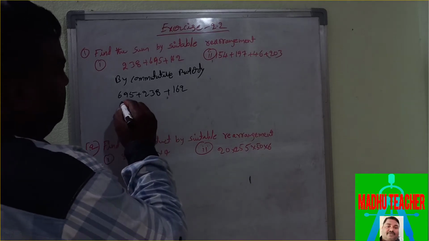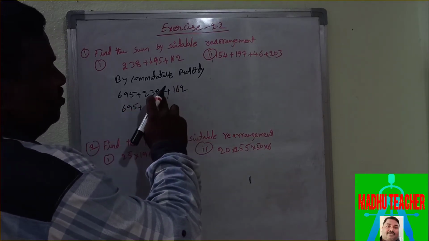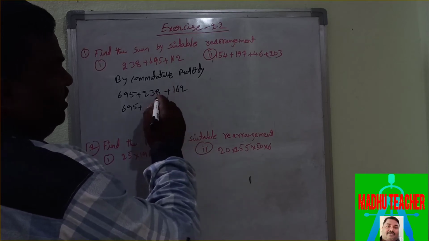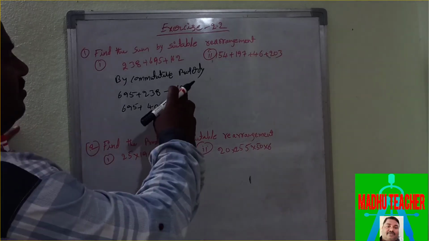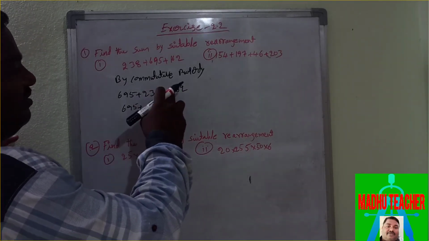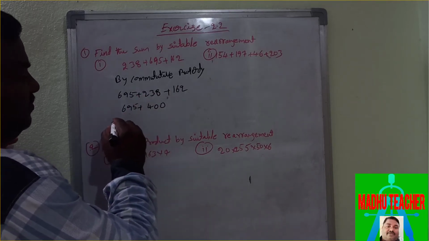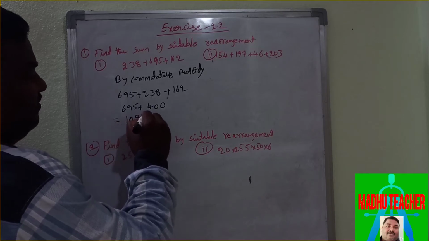So we'll get 695 plus, by adding these two, we'll get 400. 2 plus 8 10, 6 plus 3 9, 9 plus 1 10, 1 plus 2 3, 3 plus 1 4. So 695 plus 400, 1095 we will get.